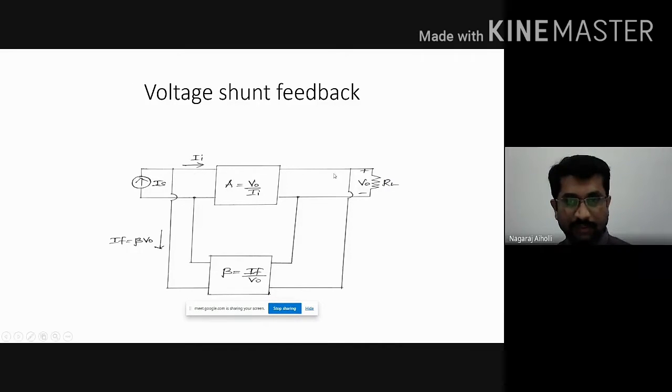So both these currents affect the output voltage. This is the voltage shunt feedback network. Beta is equal to IF by V0, or IF is equal to beta into V0.